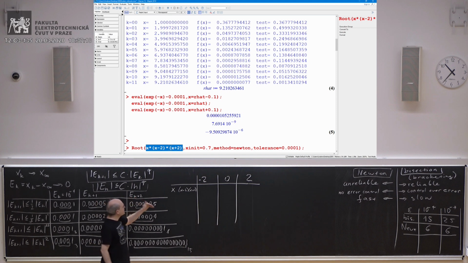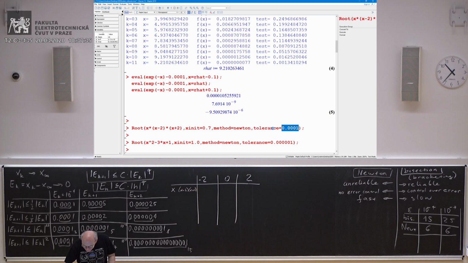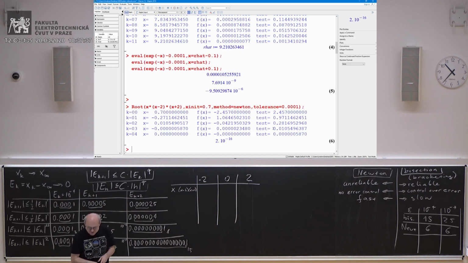And now we'll try to get to these roots using the Newton method. The starting point is 0.7, and the tolerance is 0.0001, 10 to negative 4, the traditional tolerance that we use in this lecture to keep things comparable. Here we go. So we got to the root 0 in 4 iterations.